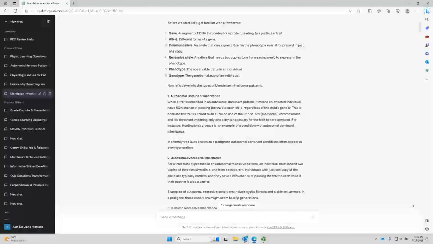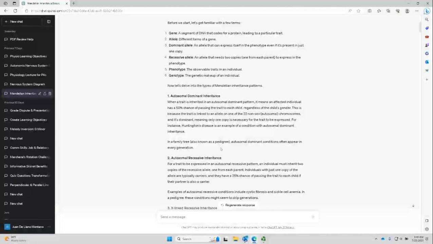That's why it's called vertical inheritance. And it's gonna appear in the same proportion of males and females. Remember, autosomal means that it doesn't belong to the sex chromosome, so the inheritance is not sex related.